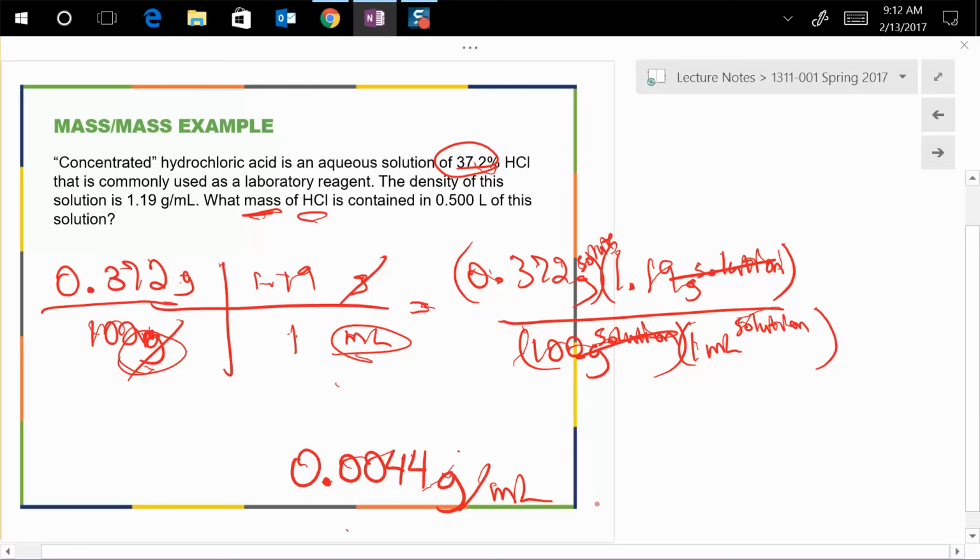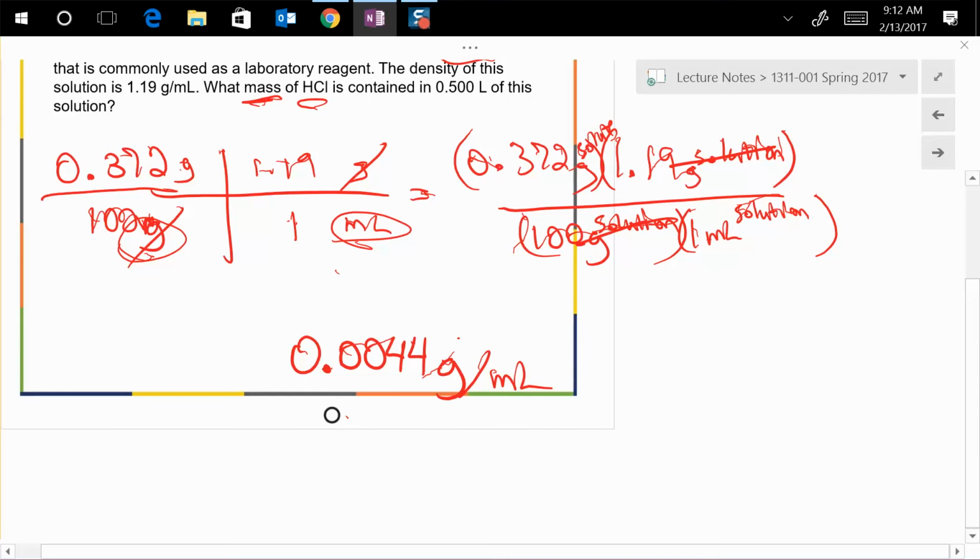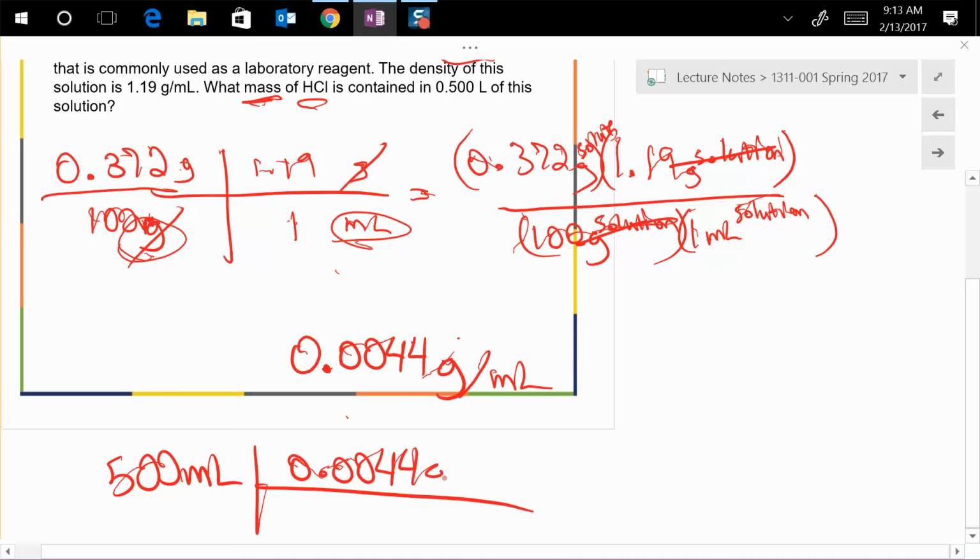So how is that going to help me determine how many grams are in 500 milliliters? I start with 500 milliliters, which is 0.5 liters, right? And I'm going to use that against this conversion factor, 0.0044 grams per every 1 milliliter. So 500 times 0.0044 grams will tell me how many grams are in 0.5 liters.